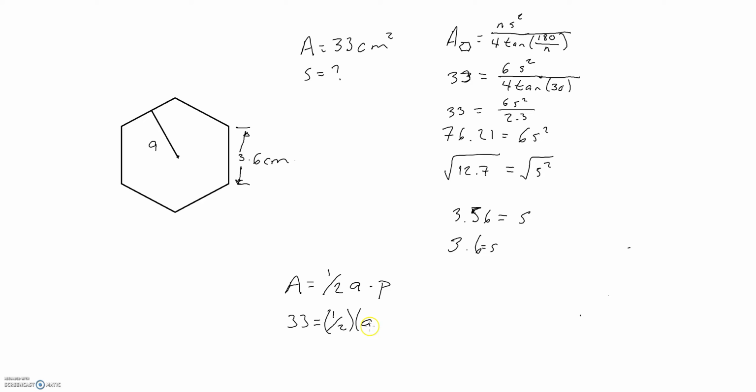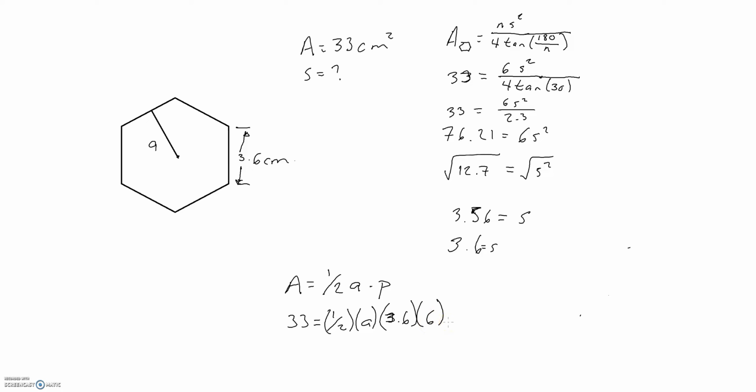So 1/2 times A times the perimeter. In this case, the perimeter is going to be 3.6 plus 3.6 plus 3.6 plus 3.6 plus 3.6. It's going to be 3.6 times the number of sides that we have, 6 sides. So if we do that math, we have 3.6 times 3, because half of 6 is 3.